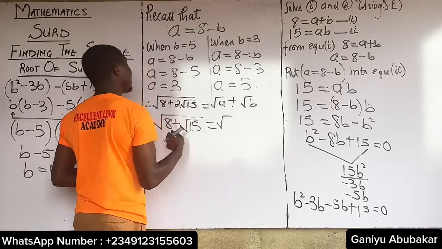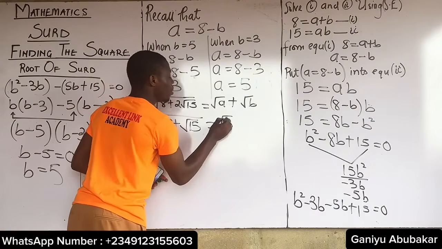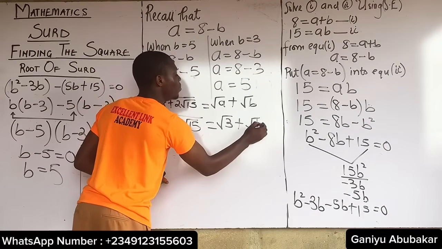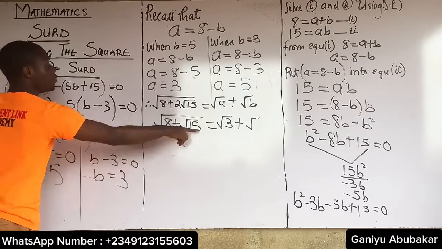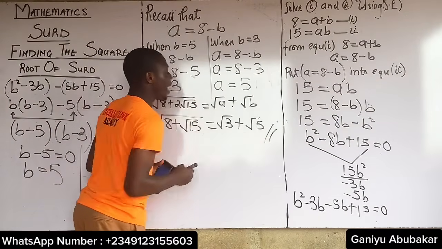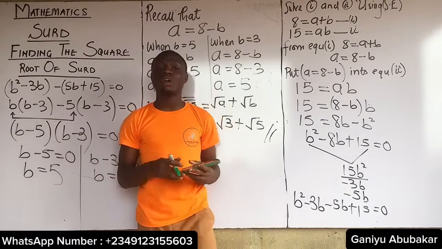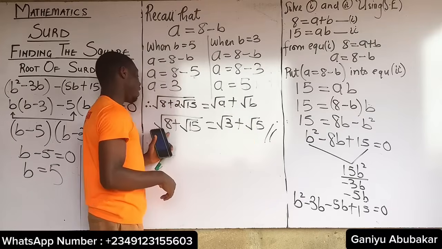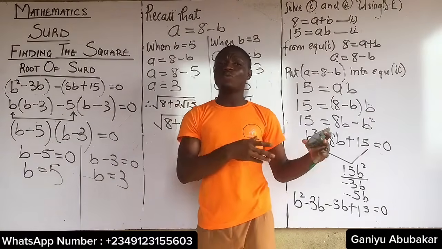What's a? a can be either 3 or 5. So let's put root 3 plus root b. What's b? b can be either 5 or 3. Since I used 3, let's use 5 for b. So I have root 5. So that becomes my answer to that question after finding the square root of 8 plus 2 root 15. So your task now is to do the second one there.